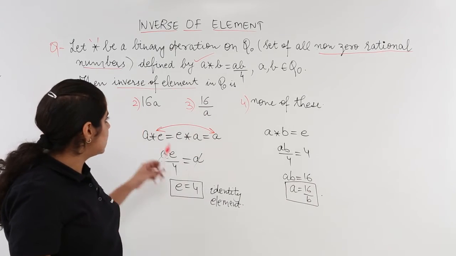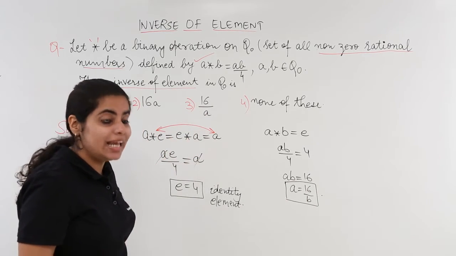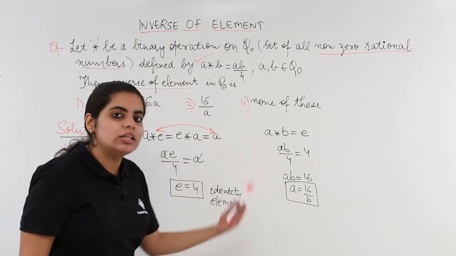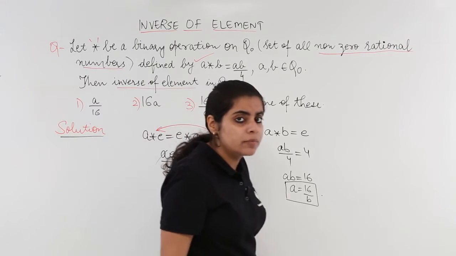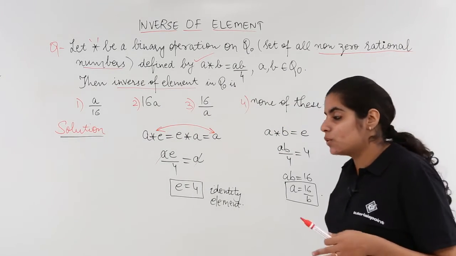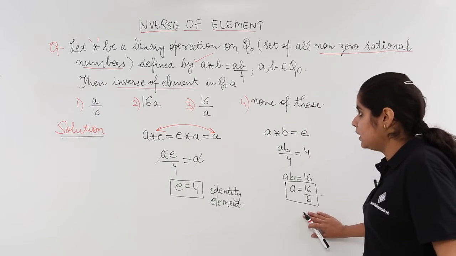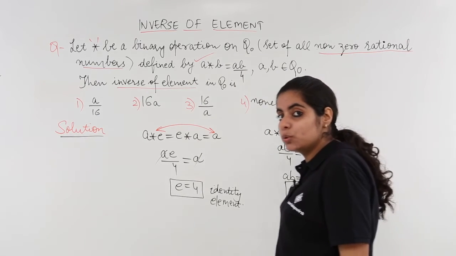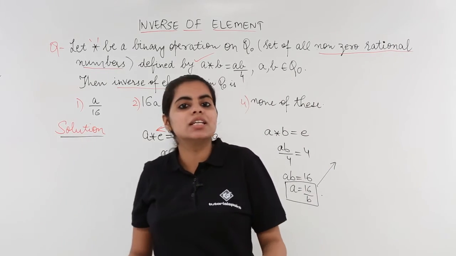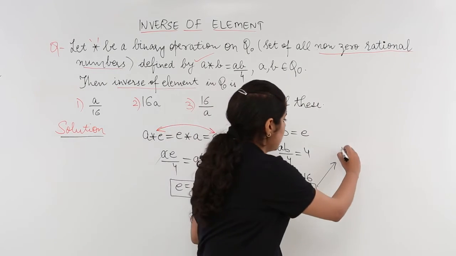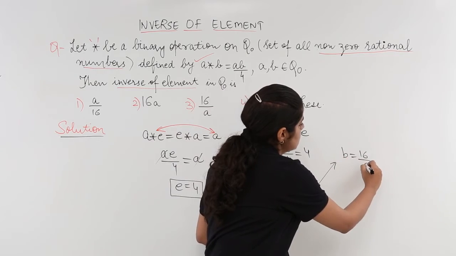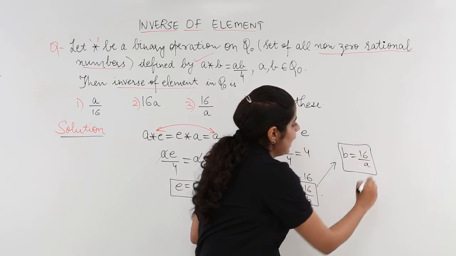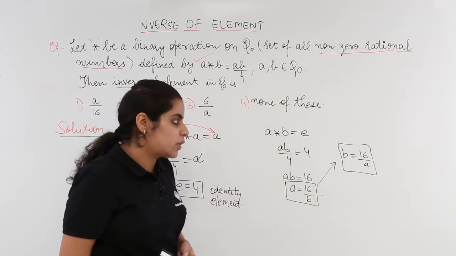If I see the options, these are in A, so I can find the value of B from here. Now if A is equal to 16 upon B, I just have from here that B is equal to 16 upon A. So I just write B is equal to 16 upon A, and all this story is possible.